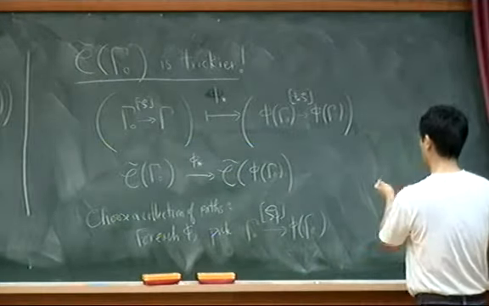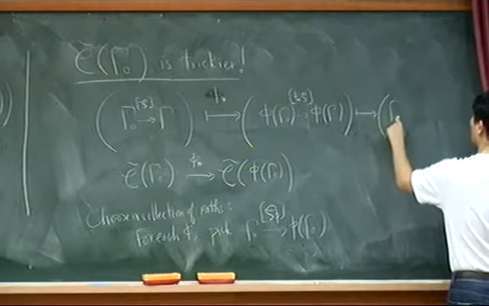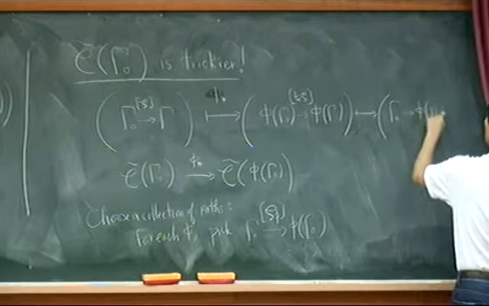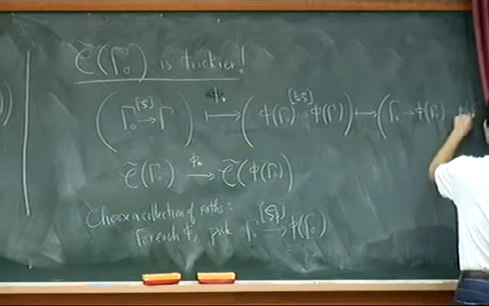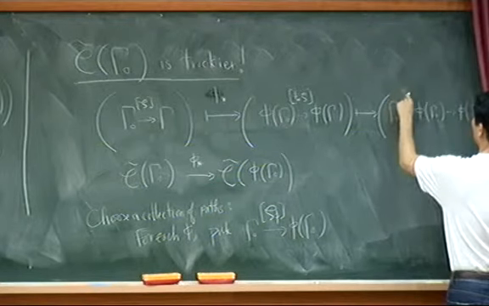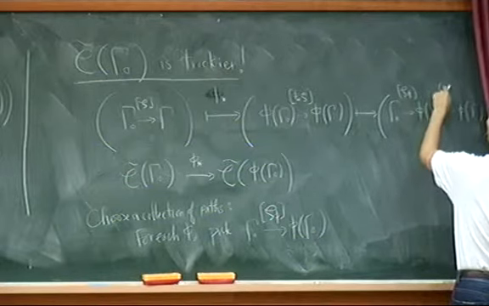Now you compose and you get gamma naught to phi of gamma naught to phi of gamma. This is zeta sub phi, and this is phi lower star zeta.